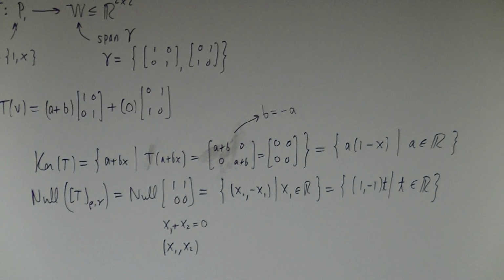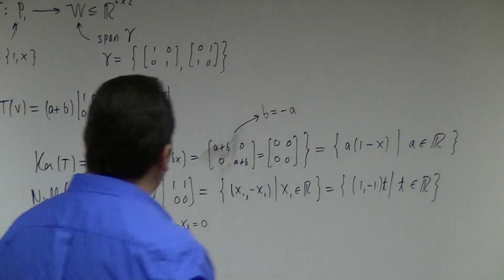What if we use different coordinates? Can you guys think of a different coordinate system you might use for W?